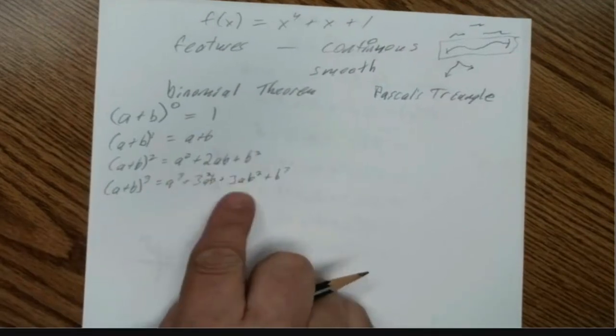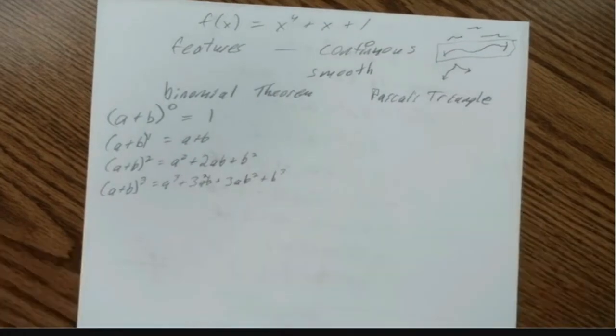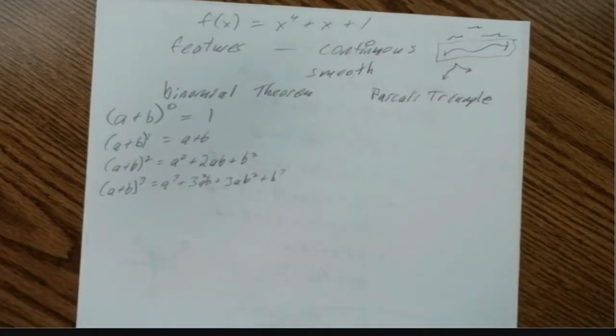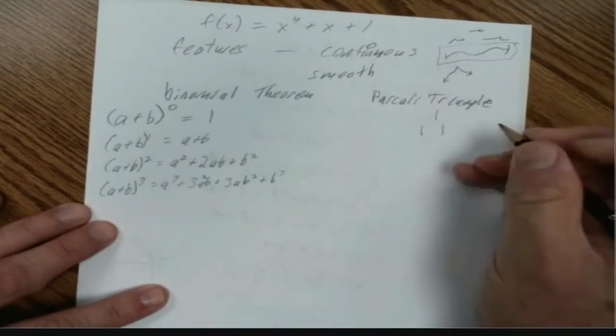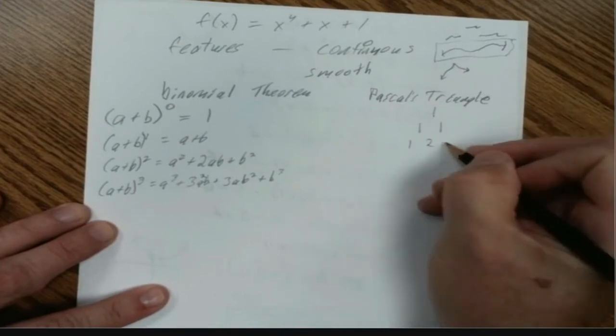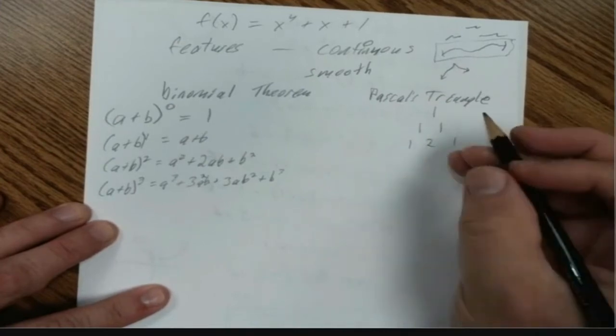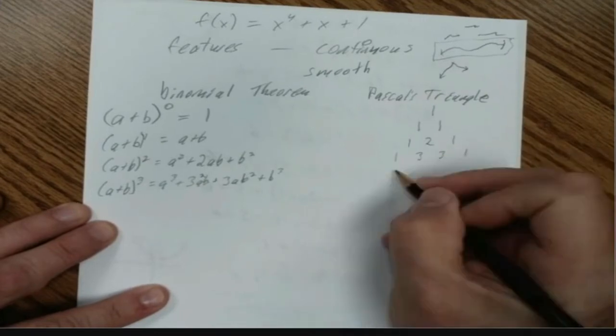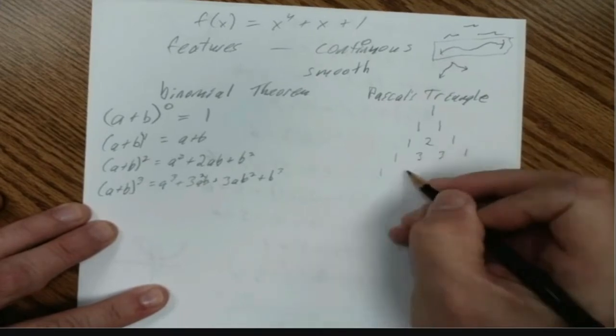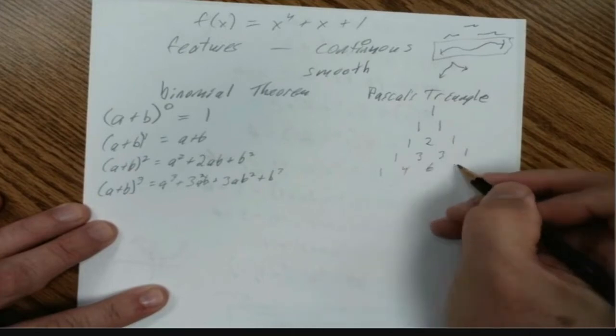There's a pattern. And Pascal's triangle is the triangle of that pattern. And it looks like this: 1, 1, 1, 1, 2, 1, 1, 3, 3, 1, 1, 4, 6, 4, 1.